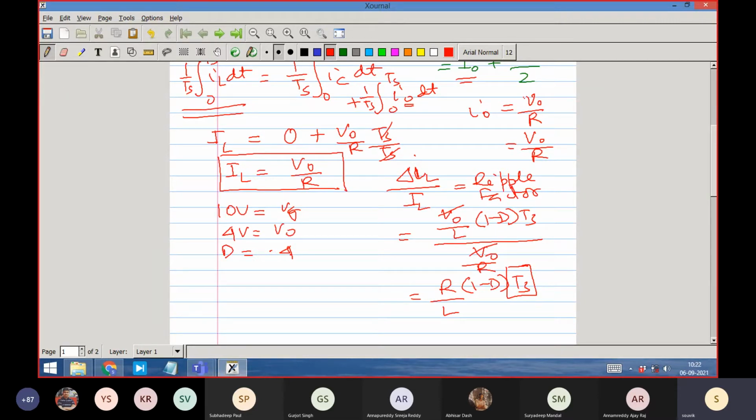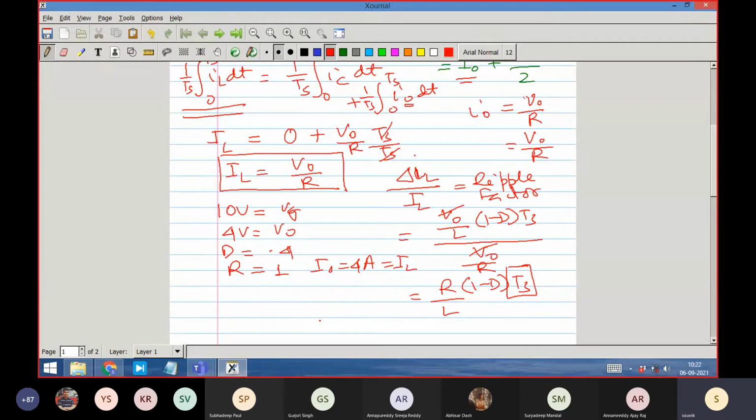And R was how much? I think I had taken R as 1 ohm, because I had taken the current I naught as 4 ampere. That is also equal to IL, right?